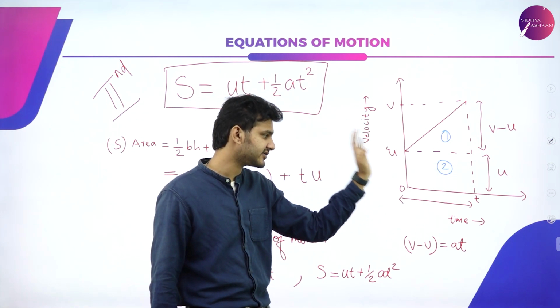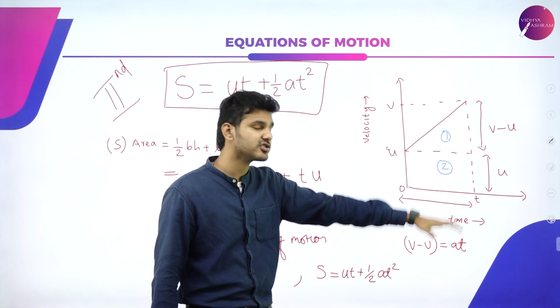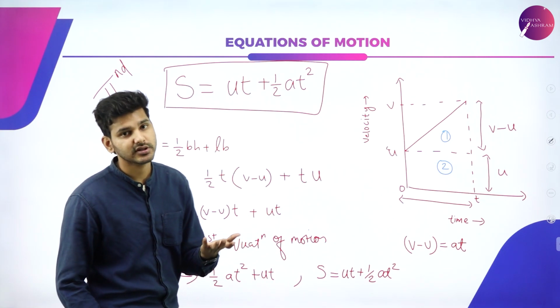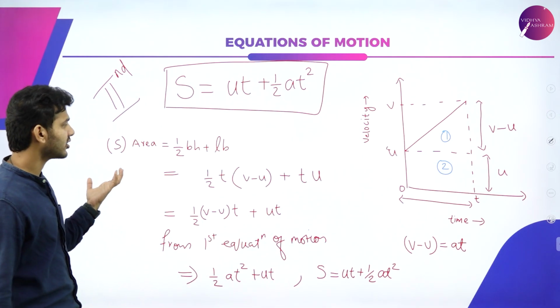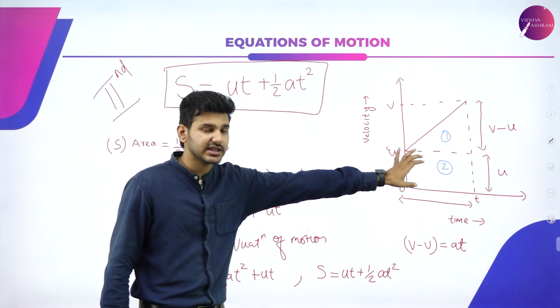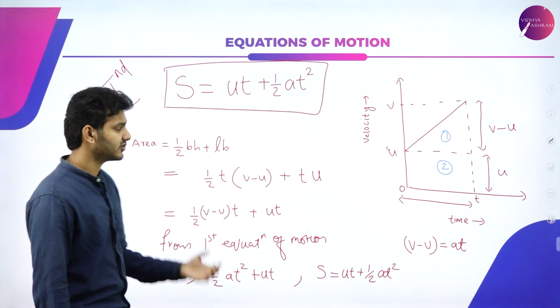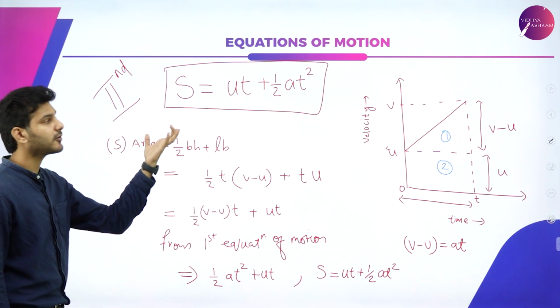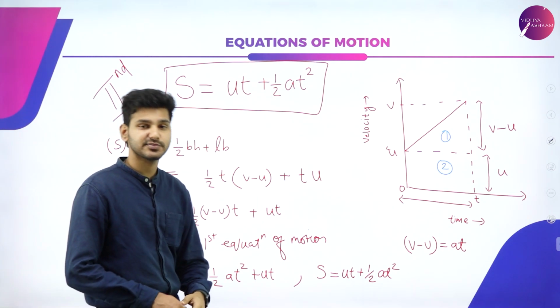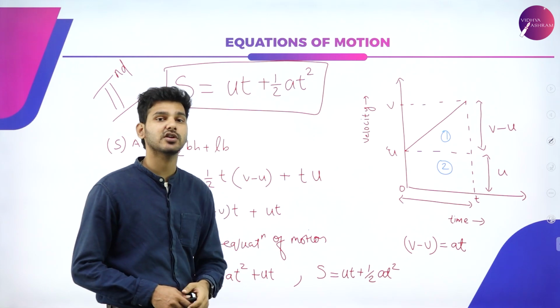In this particular case, it is the velocity time graph, so the area under the velocity time graph will give you the displacement. In order to find the displacement, I'm going to take the area of the triangle and the rectangle separately and add them together. When I add them together, out pops the equation of displacement, the second equation of motion.